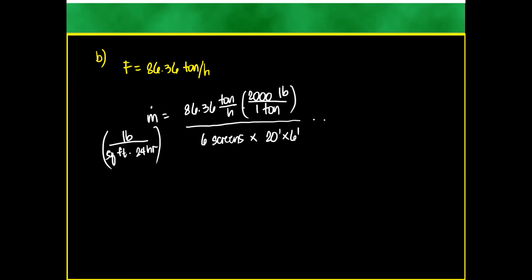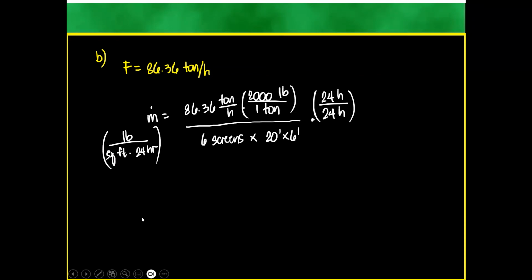So what I do is, can you solve this first for me? Because this is on a per hour basis, not on a per 24 hours basis. So what I do is, I can multiply this by 24 hours. Some of you might ask, why sir, multiplying by 24 over 24, isn't it equal to 1? I have a point. Because look at this.